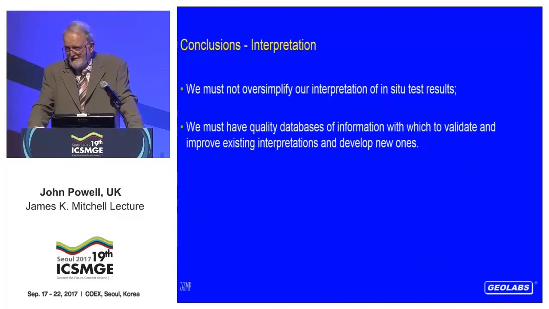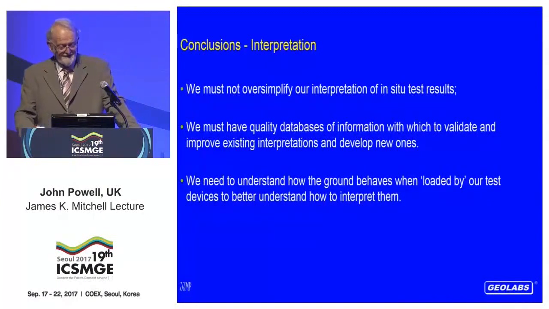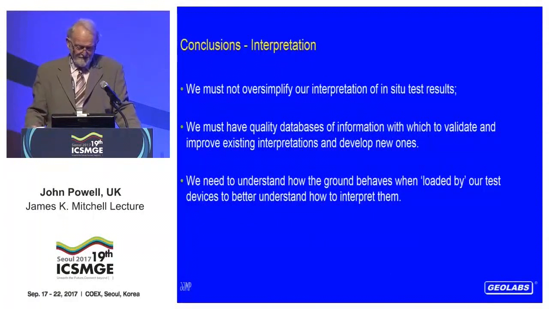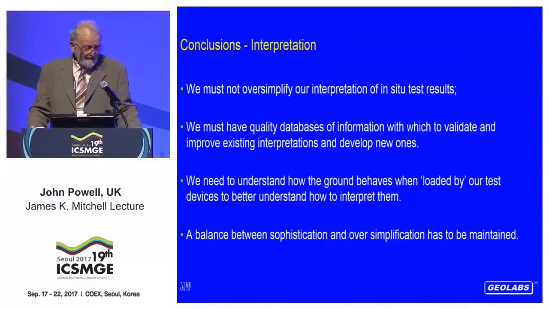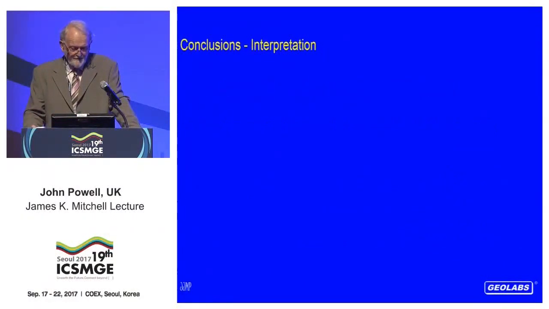We need quality databases of information which can be used to validate and improve existing interpretations and develop new ones. We need to understand how the ground behaves when loaded by these different devices to better understand how to interpret them. And a balance between sophistication and oversimplification has to be maintained in all we do on the interpretation of in situ tests.